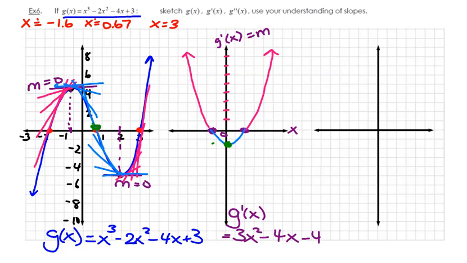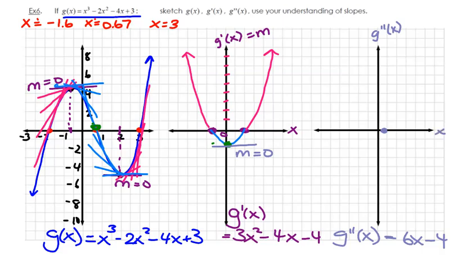And if we do a double prime, g double prime of x, we can do that algebraically. So taking the derivative of my first derivative, that's 6x minus 4, you're going to see some sort of a line. And that makes sense because it's 1 degree less. Wherever you see a slope of 0 in the middle graph, that's now going to be my intercept of my g double prime, because this is now the slope of the slope graph.